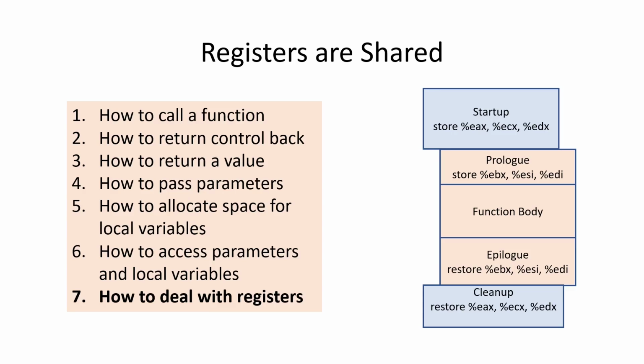Okay. B, S, and D, EBX, ESI, and EDI, are guaranteed to be available for me. They're going to be restored. So if the function needs to use them, they need to make a copy. So basically there's 3 guaranteed to not change and 3 that are not guaranteed and may change.